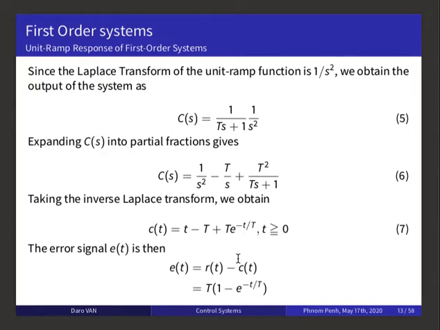If you want to find the error signal, the error signal is just the reference signal minus the response. If you do the math, you will obtain the error like this. So what does this equation tell us?